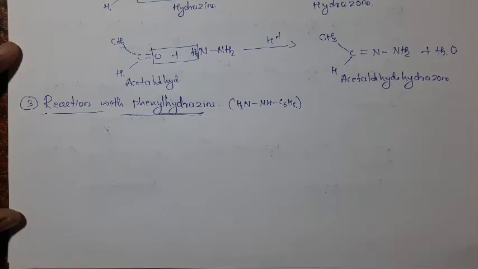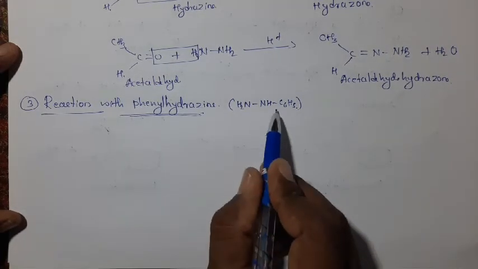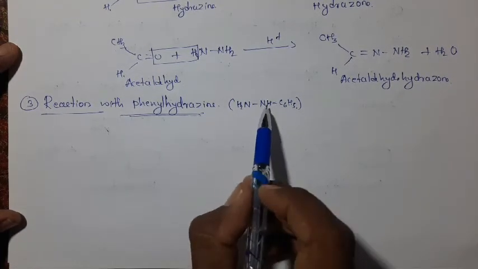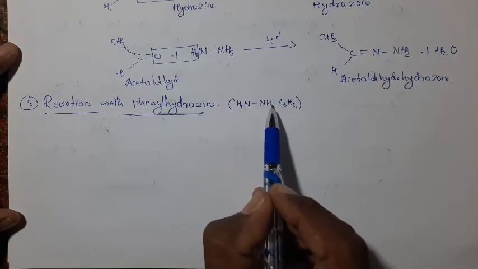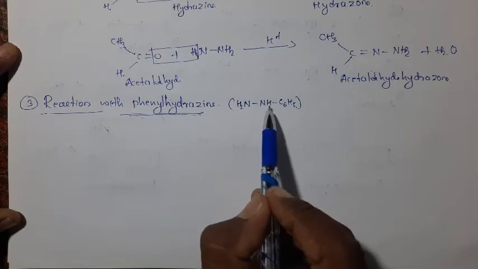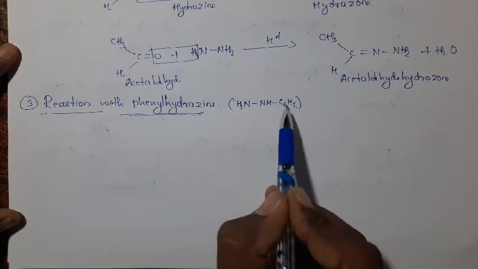Okay, the next condensation reaction is the reaction with phenylhydrazine. This is our phenylhydrazine. The difference between hydrazine and phenylhydrazine is that in phenylhydrazine, one hydrogen of the hydrazine is replaced by the phenyl ring, meaning the benzene ring.